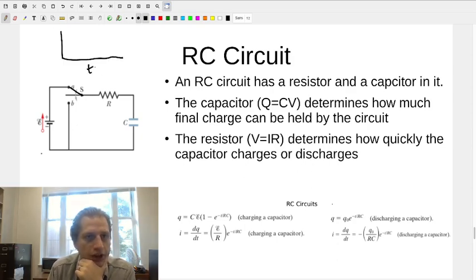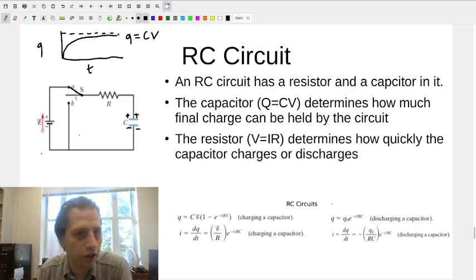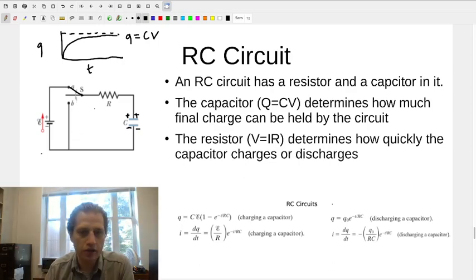Over time, it will eventually get to a point where the capacitor reaches a charge of Q equals C times V. So here's your Q. We related that to the current that's flowing through the resistor, and you can solve for that Q using a differential equation.